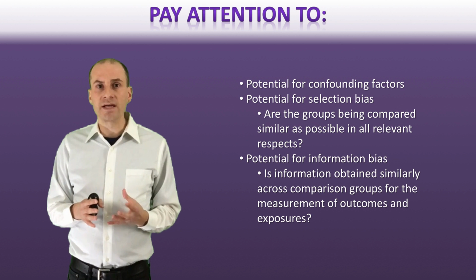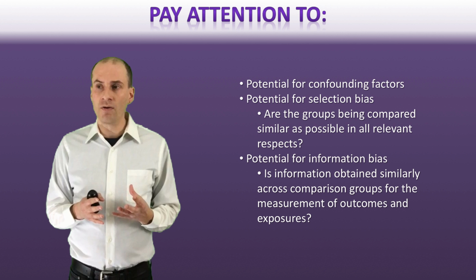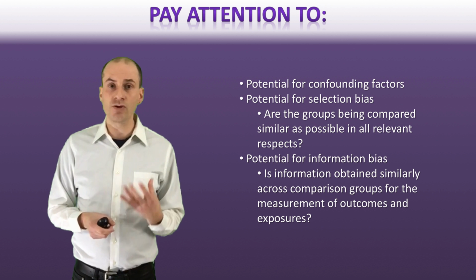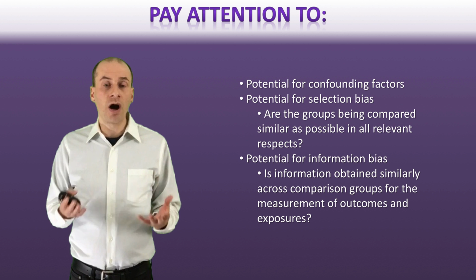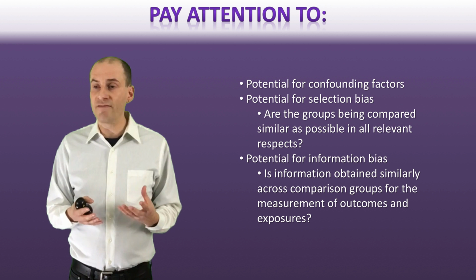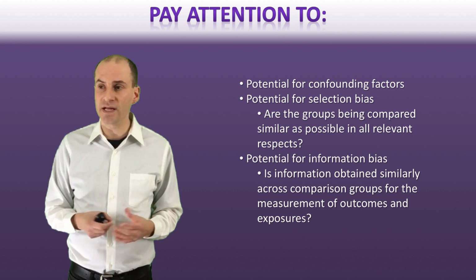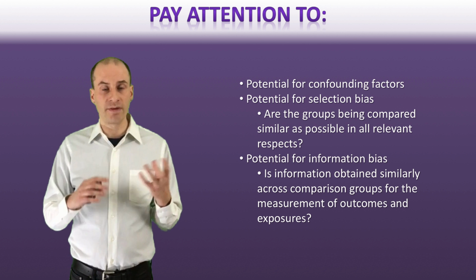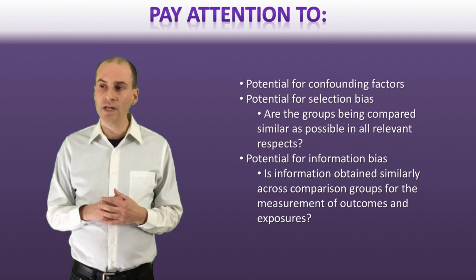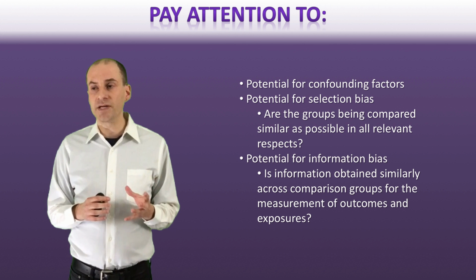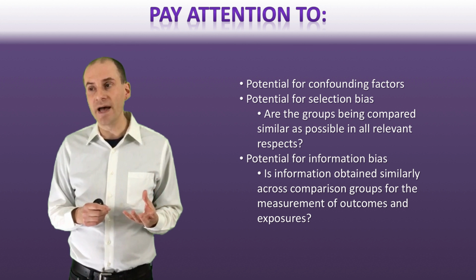All right. So there's a few things as you are reading and looking at this type of research that you want to pay attention to. Okay. So one is that there are risks for having potential confounding factors in these types of studies and looking at the relationship with a potential cause and a potential effect. The other thing that you want to consider is the potential for selection bias.